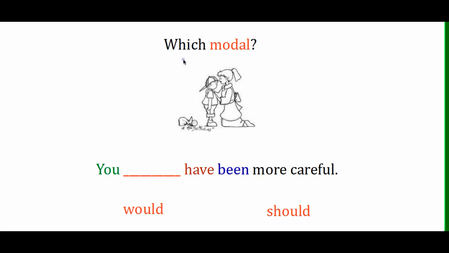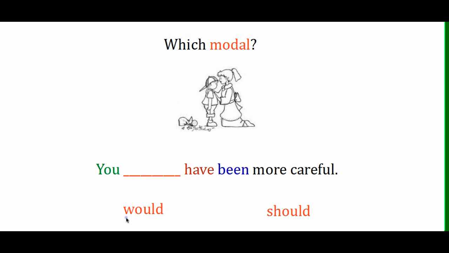So let's decide which modal. Okay, so in this picture we have a little boy. It looks like he's broken something in the house, and the mother is talking to him. We have you blank have been more careful. Okay, so it's going to be either would or should.